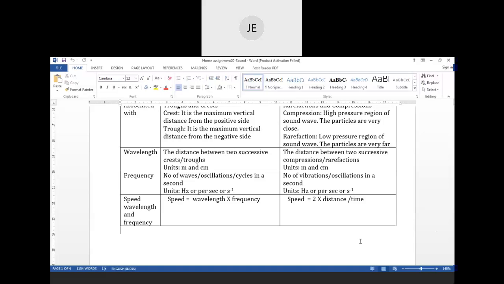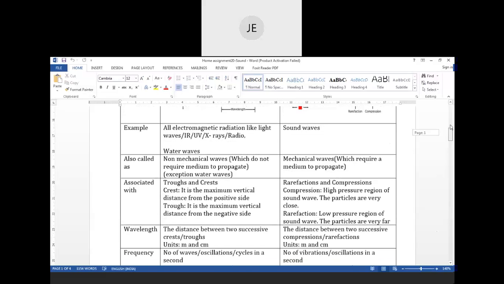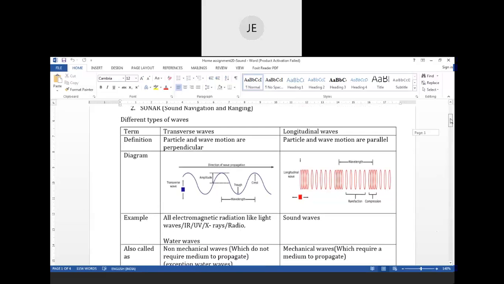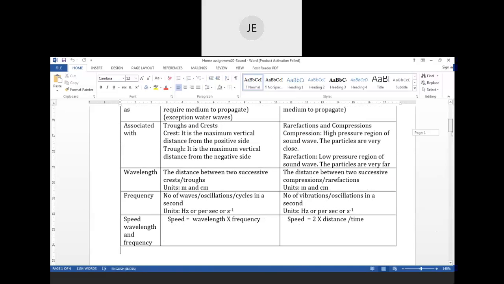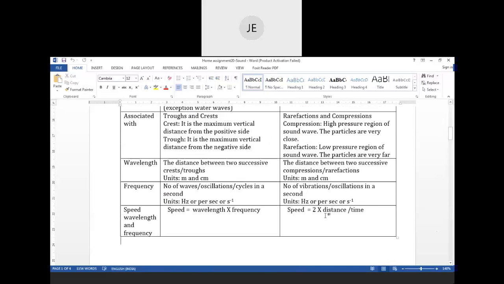Based on this, you may have to solve some numericals. The normal formula is speed is distance by time, but if you consider reflection of sound, speed of sound is 2 into distance by time.